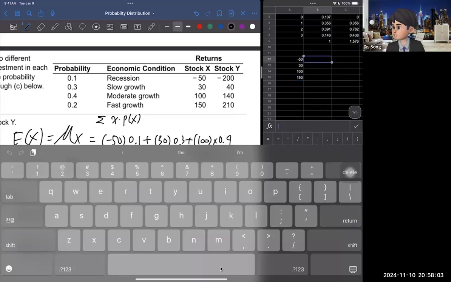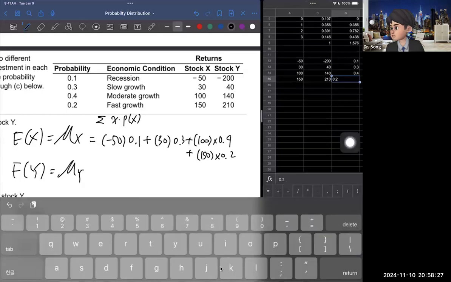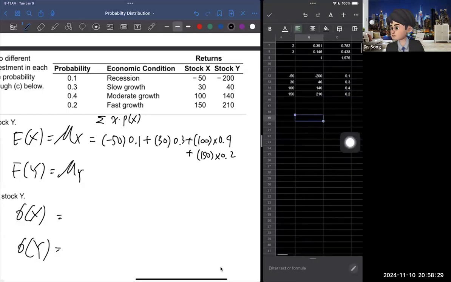And stock Y: negative 200, 40, 140, and then 210. And then the probability, I write down in the third column: 0.1, 0.3, 0.4, 0.2. I mean, you can put the probability first, but it's not that important as long as you know which one is which.